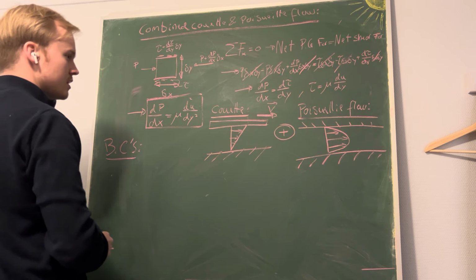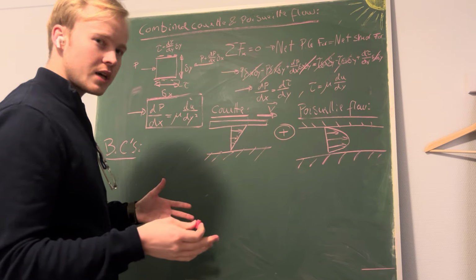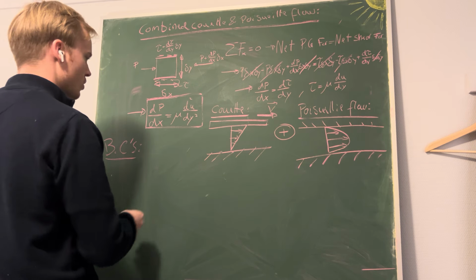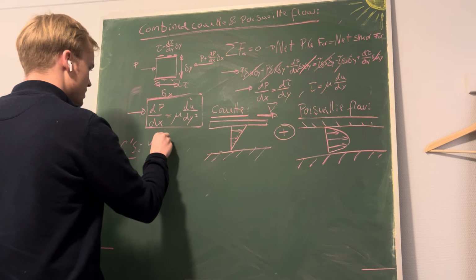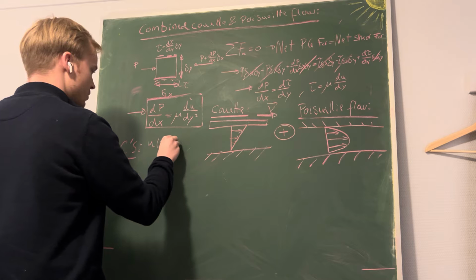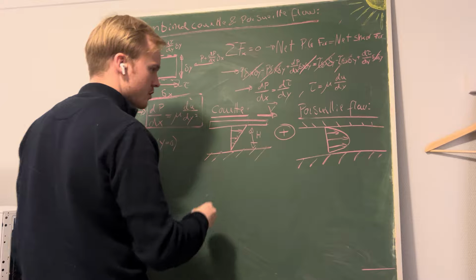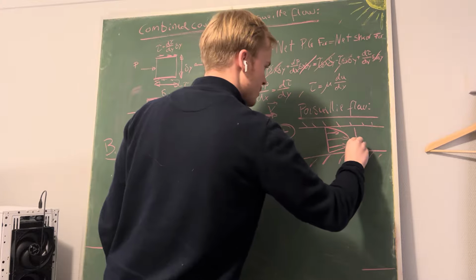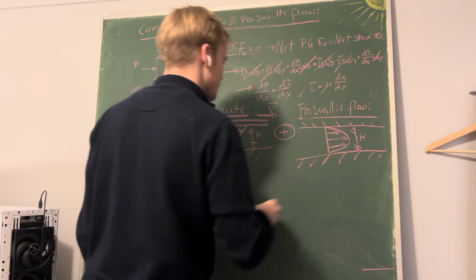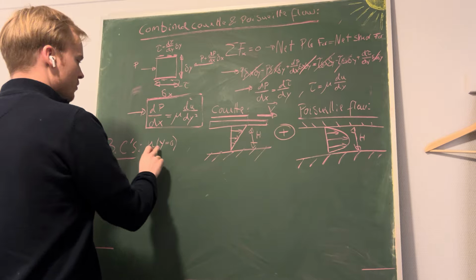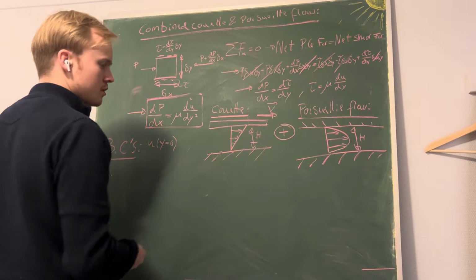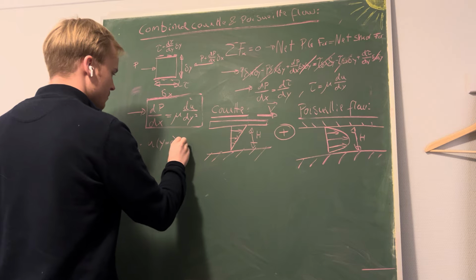Those are still kind of the same. At the bottom, u of y is equal to 0. Let's say both plates are at an arbitrary height h, like this, right? At the bottom, u of y equals 0, so the velocity is 0.